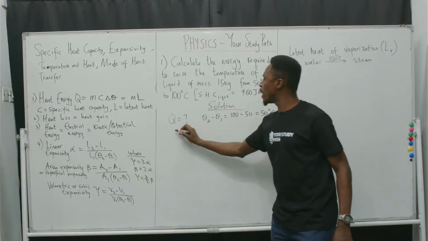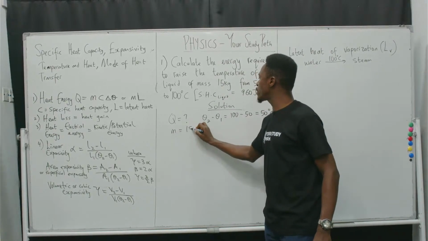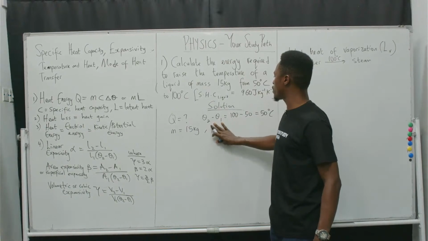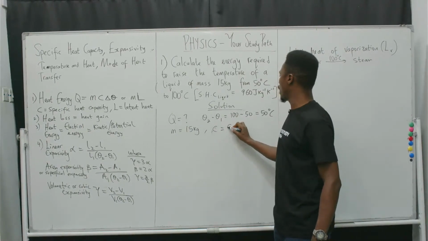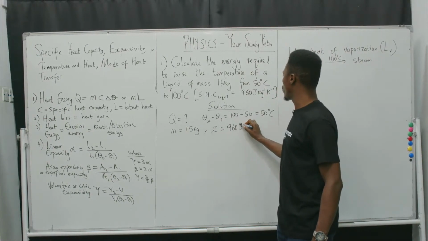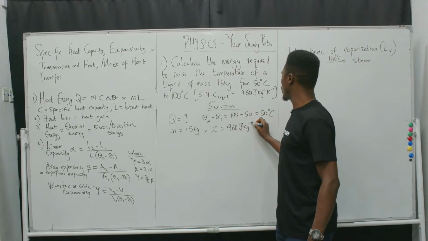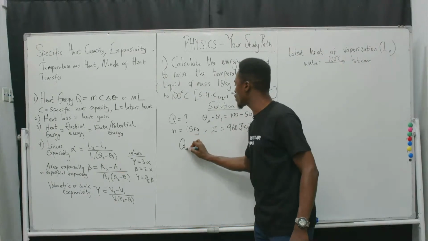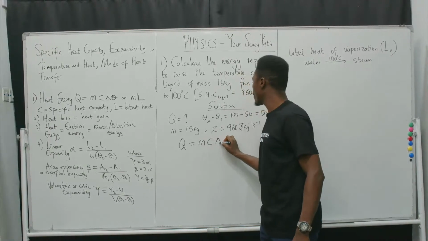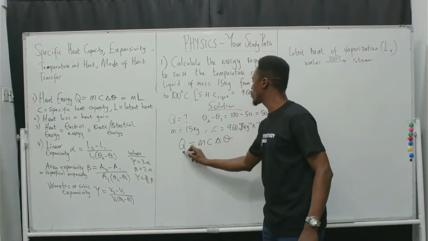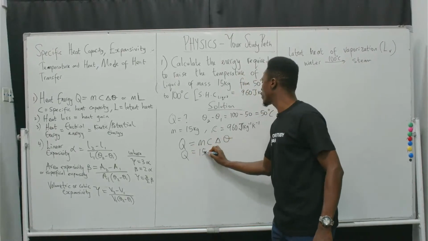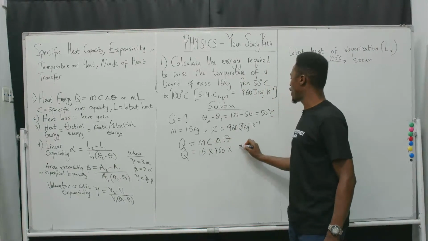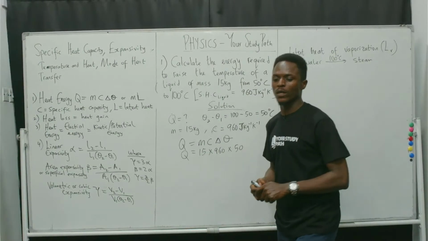We have our mass being 15 kilogram, and we have the specific heat capacity also denoted by alphabet C as 960 joule per kilogram per Kelvin. So working with this, we say that Q equals MC change in theta. Just slotting your values, being 15 multiplied by 960 multiplied by 50. And there you have your answer.